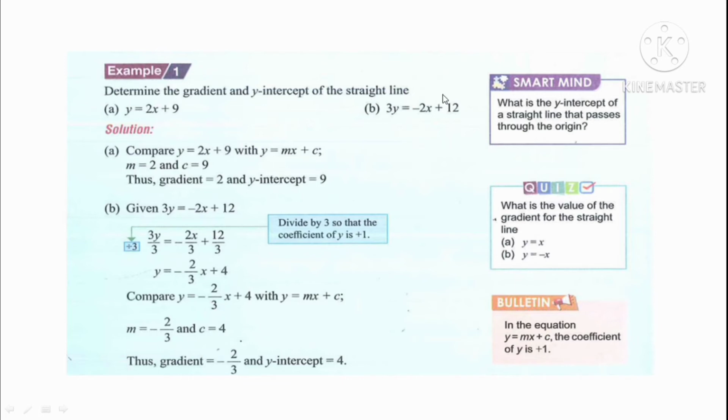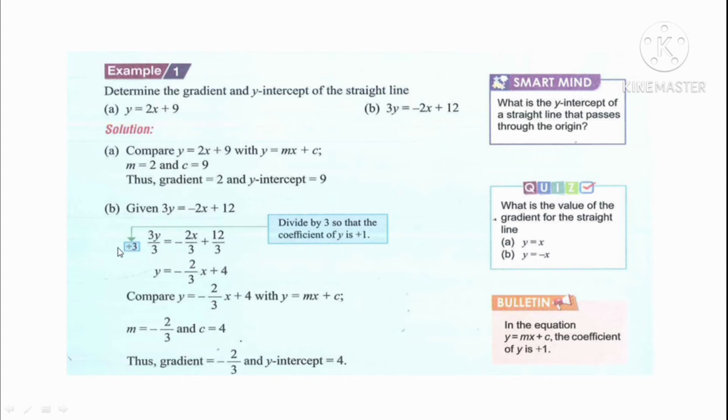The second example is 3y equal to -2x plus 12, where we have to divide everything by 3. As the 3 goes to the right, you have to divide it. So -2x divided by 3 plus 12 divided by 3.